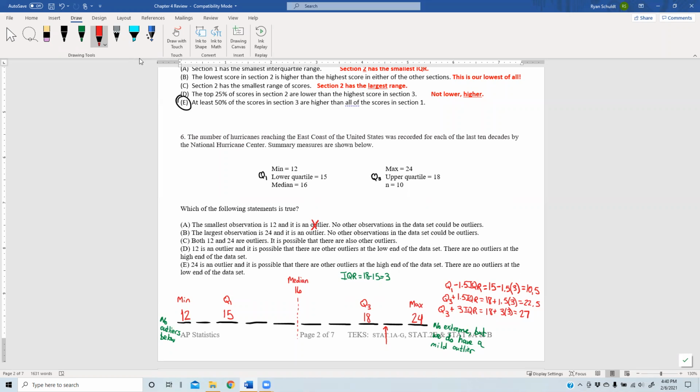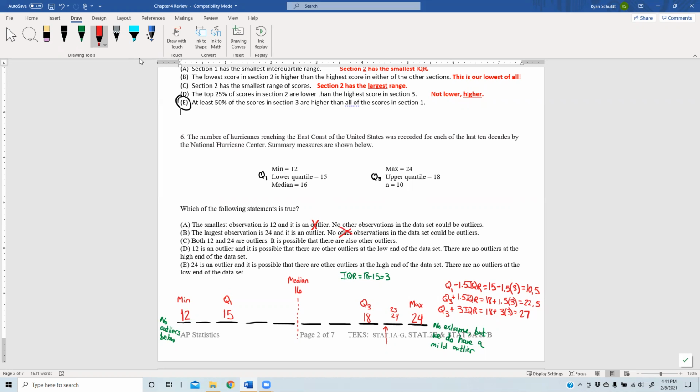No other observations in the data set could be outliers. I don't know. It could be. I mean, yes, the observation is 24, but this one could be 23 or 24. So no other observations? No, that part's wrong.